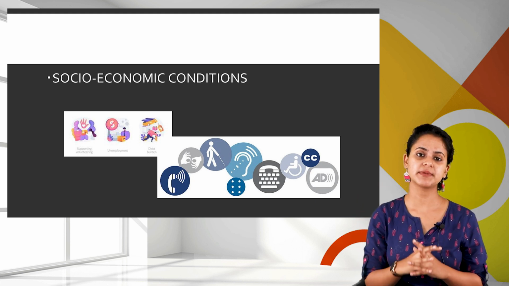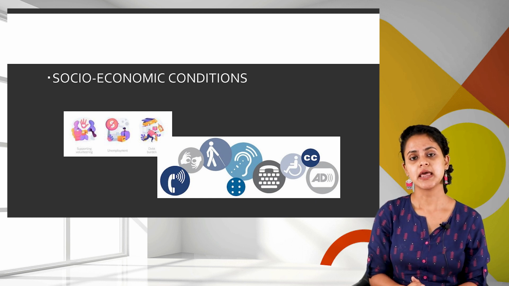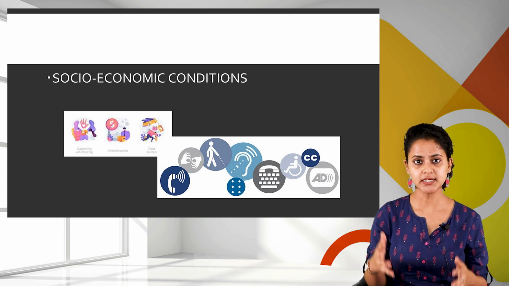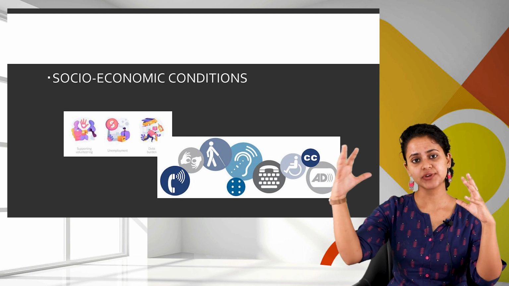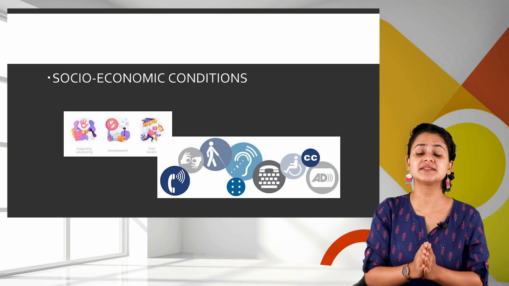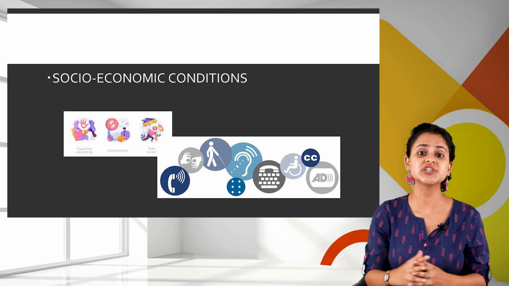Socio-economic determinants consider the factors of education, occupation, and income of an individual. These three factors are considered among the most influential determinants of health. The world map of illiteracy closely coincides with the map of poverty, malnutrition, ill health, and high infant and child mortality rates.